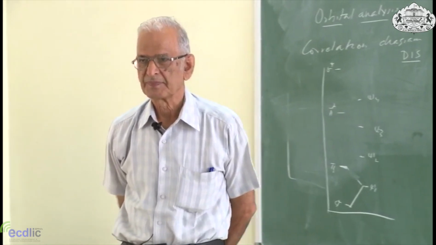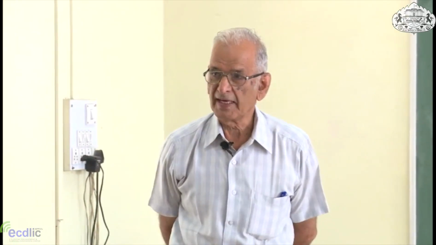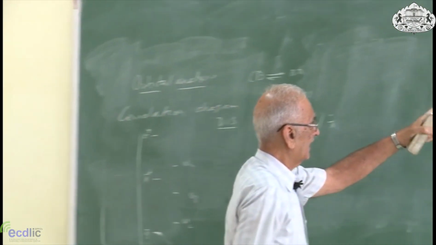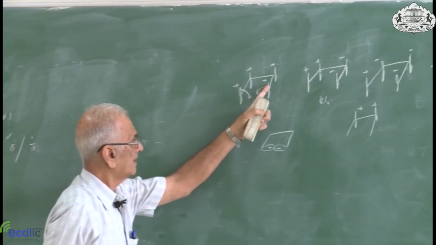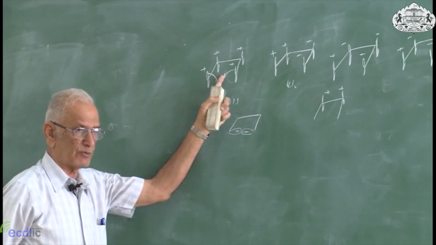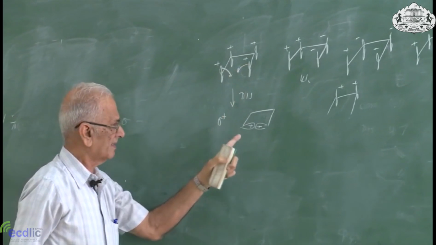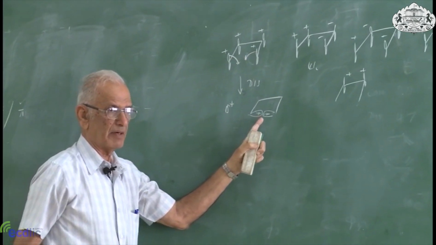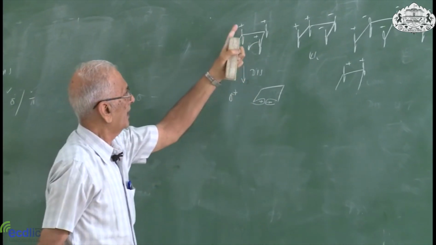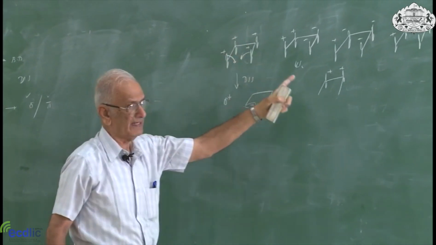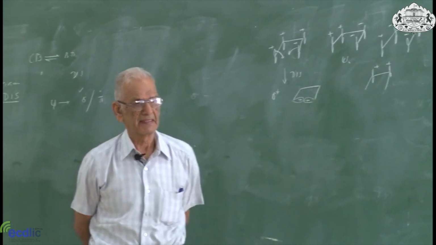All right, everybody is okay? Let us repeat. When I look at the end orbitals and move them in disrotatory fashion, this moving clockwise, this moving anti-clockwise, it will give me the sigma orbital. When I look at the middle orbitals, they have the same sign, that is just like pi.